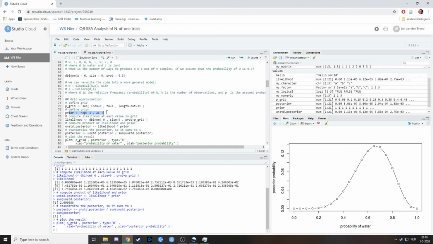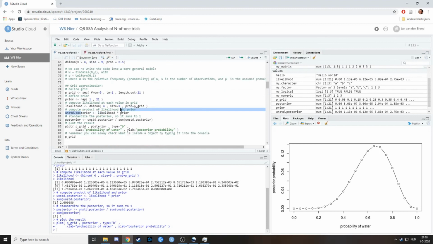You define a prior, which in this case was non-informative, and you add the data, the observations that you had, so 6 successes out of 9 tosses. You do the multiplication, you standardize by all the possible values, and you get a result. That's all there is to it.